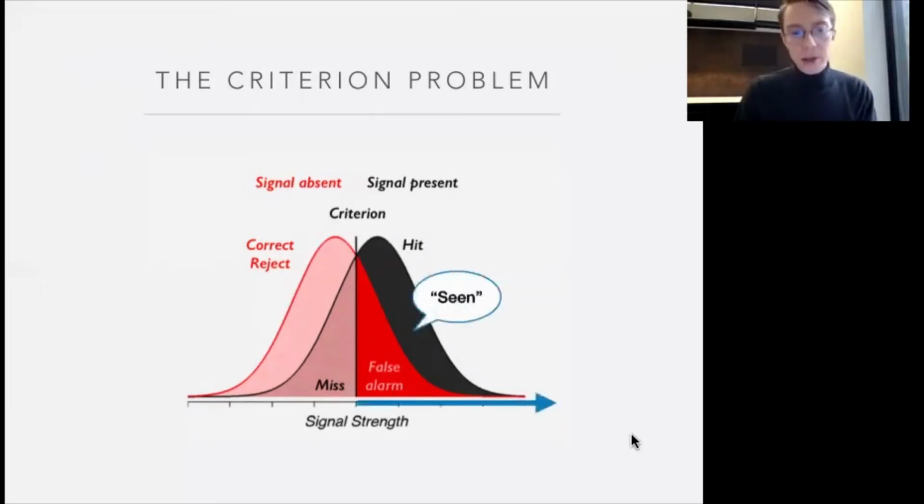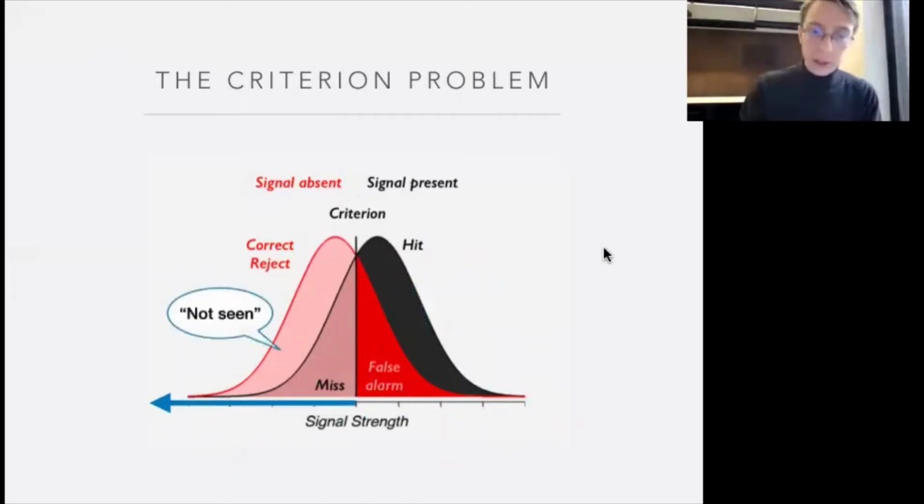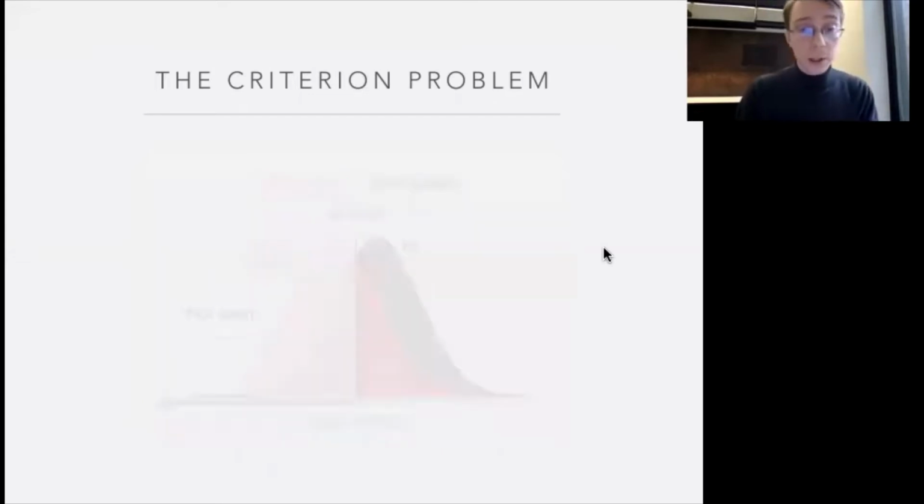The basic idea in signal detection theory is that people report seeing the stimulus if stimulus strength falls above a criterion for reporting the stimulus as seen.